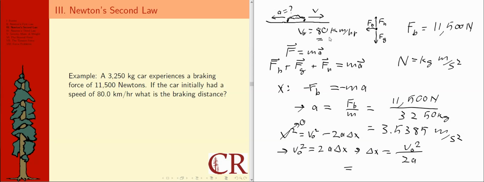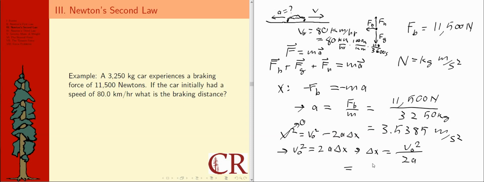So if you do 80 kilometers per hour, you'd multiply by 1,000 meters per kilometer, and then in every hour there would be 3,600 seconds. And so I get a number for that.